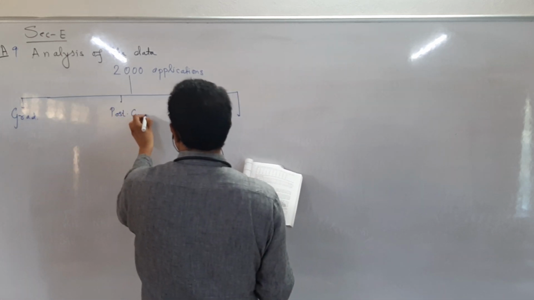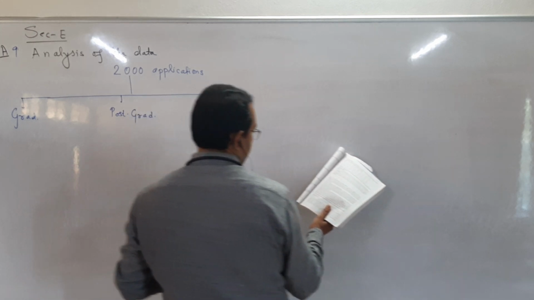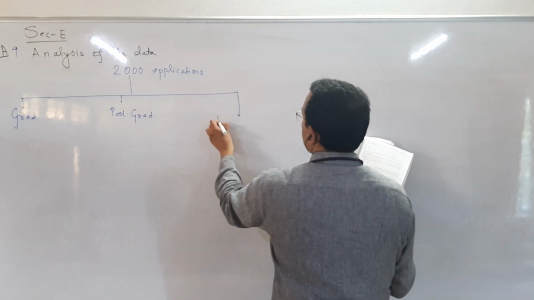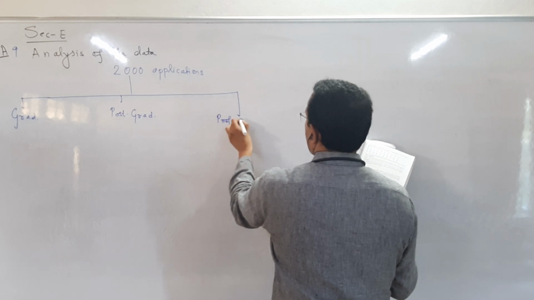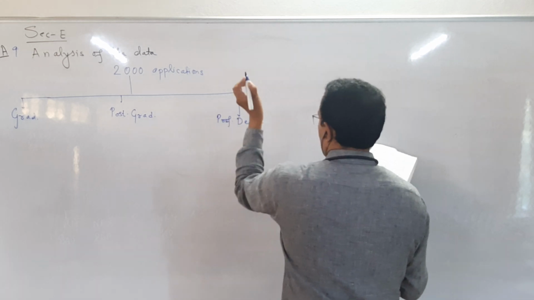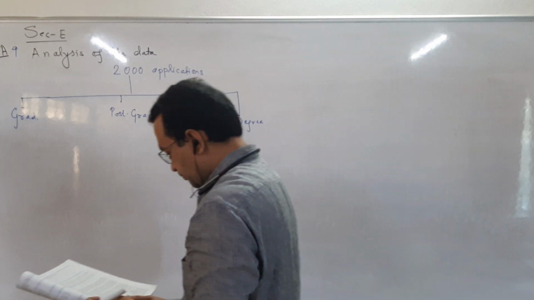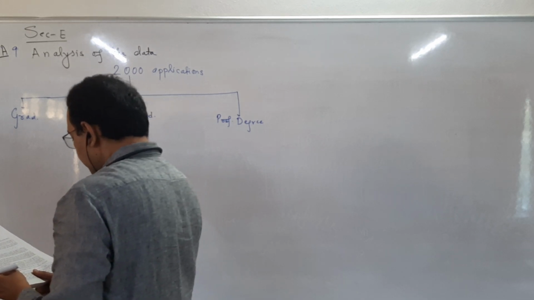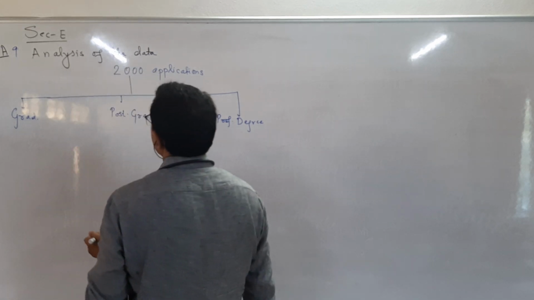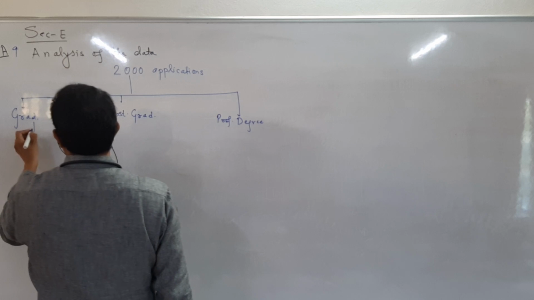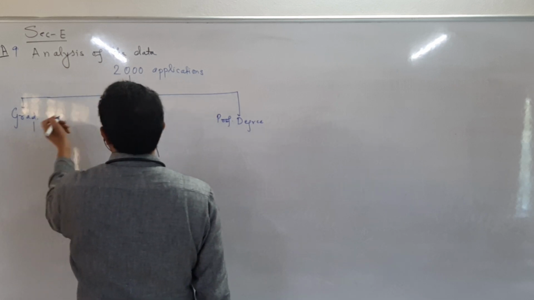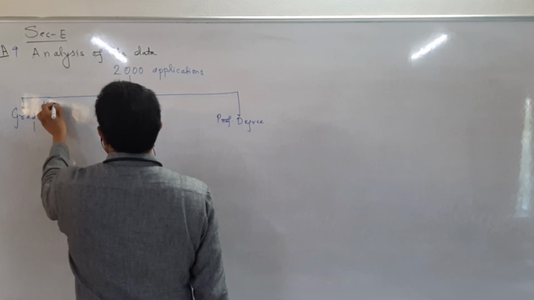We call them PG students. And professional degree, PD. 50% were graduates. What is 50% of 2000? 1000.